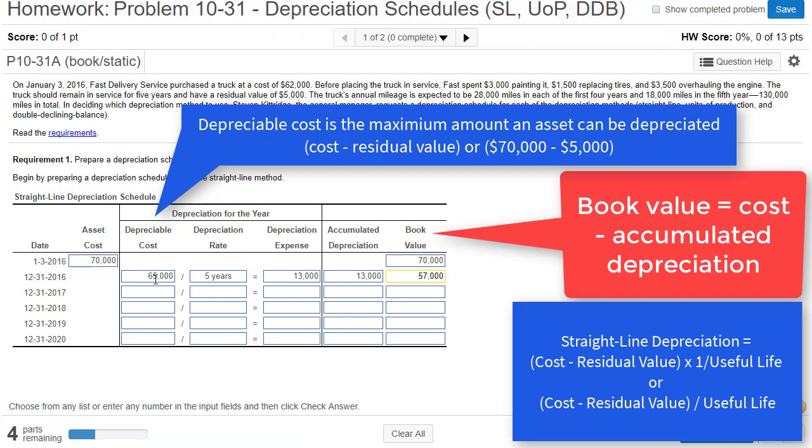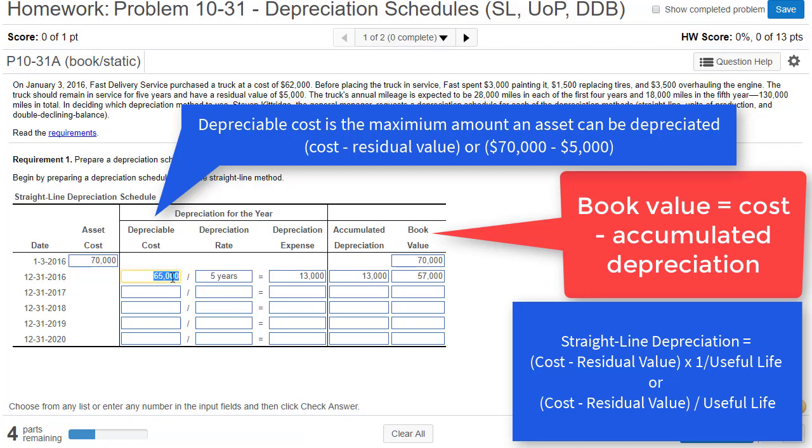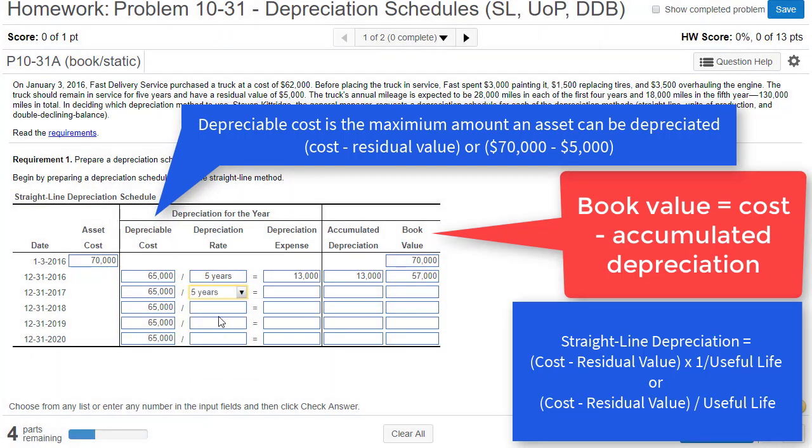In the next year, our depreciable cost remains the same. In fact, if we wanted to plug this in for each year, we could do that, and we're always going to divide by 5 years. Because of straight line, the depreciation is going to be the same every year.